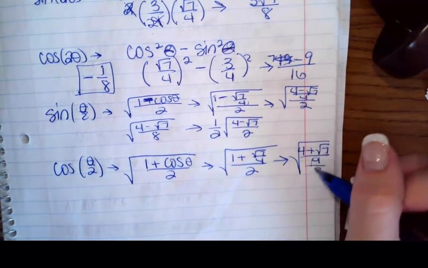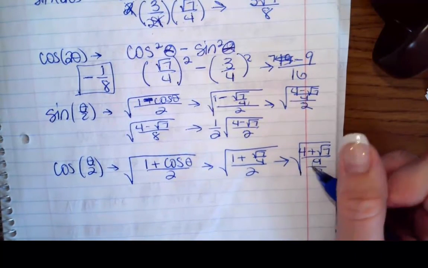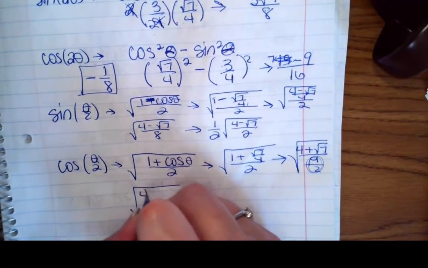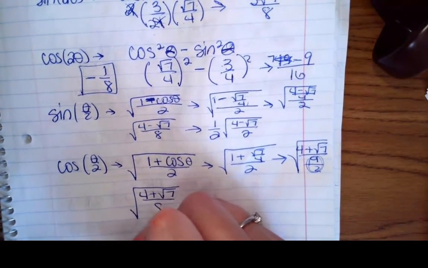And then I'm going to multiply these. Where did I get my over 4s? Yes. And then I'm going to multiply those and get 2's. So I've got a 4 plus root 7 over 8.